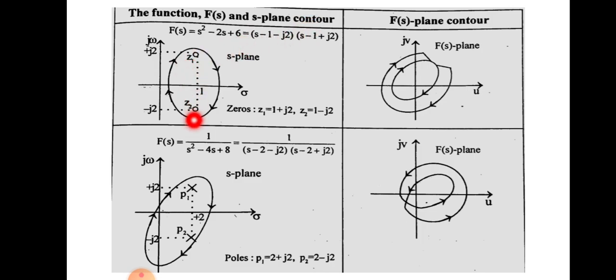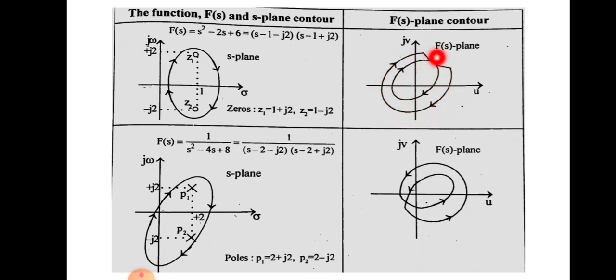So we marked Z1 and Z2, and you can see that in the s plane, the s plane contour is encircling Z1 and Z2. You can see here that it encircles in the clockwise direction. So zero Z1 is equal to 1 plus 2j and zero Z2 is equal to 1 minus 2j. And this contour in the s plane corresponds to this type of contour in the F(s) plane.